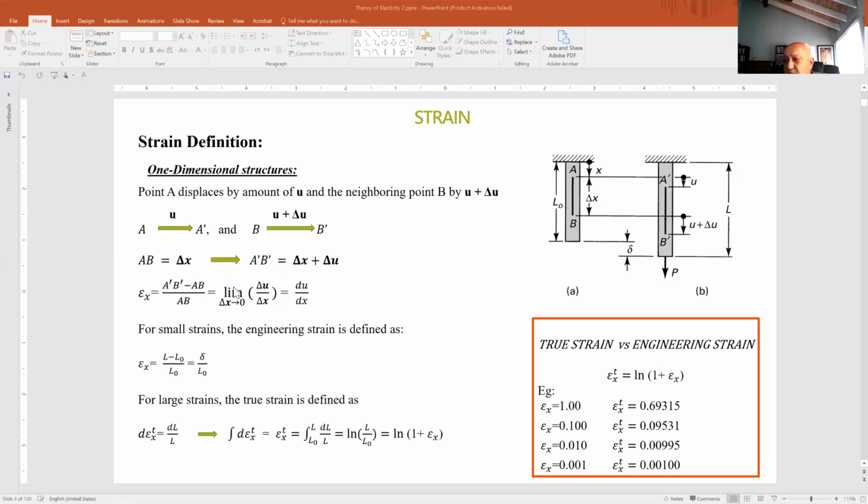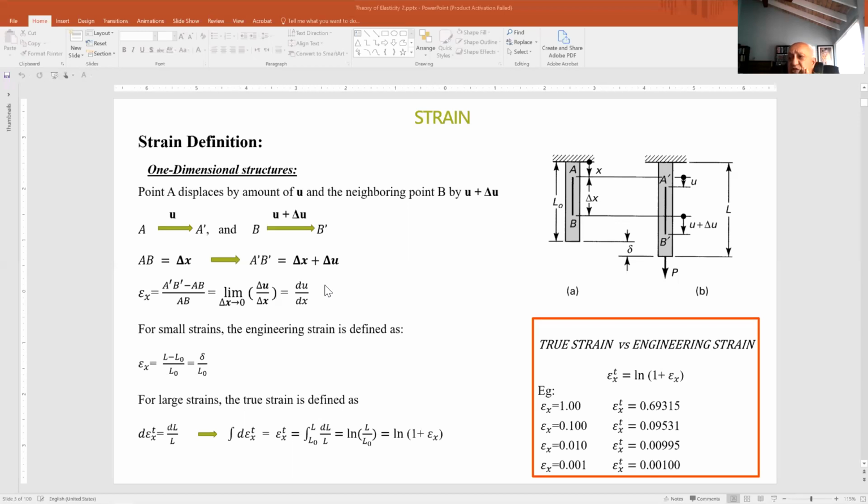Substituting these into that equation, you would find that epsilon x is simply the derivative of displacement in x direction with respect to x. So that is the relationship between the displacement and strain. Strain epsilon x is simply the derivative of deformation in x direction with respect to x.